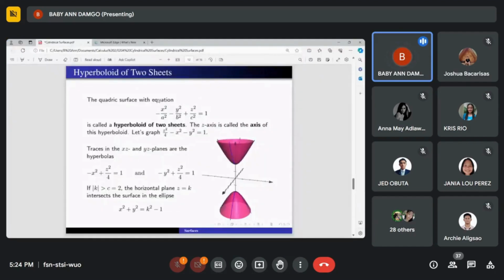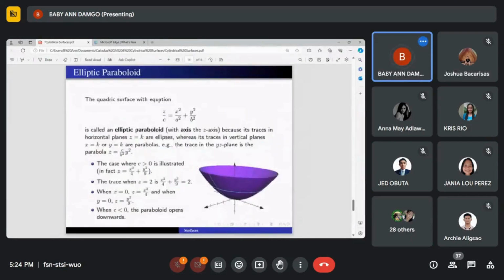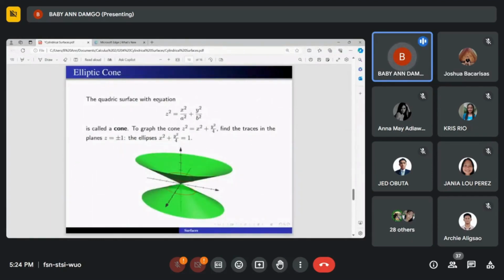Okay, let's move on. We have the cone, or the elliptic cone.